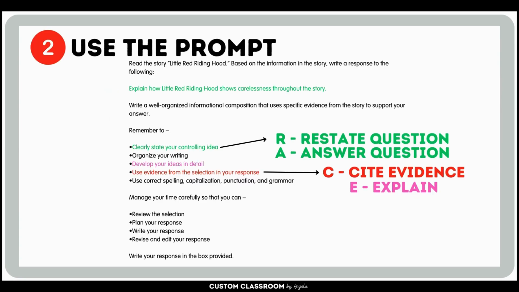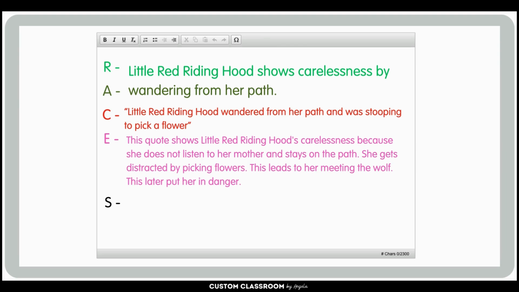All right, this takes us to the next step, which is to find a piece of quoted text evidence that supports our answer and follow it up with a sentence that explains how it supports the answer. So here I found this direct quote: Little Red Riding Hood wandered from her path and was stooping to pick a flower.